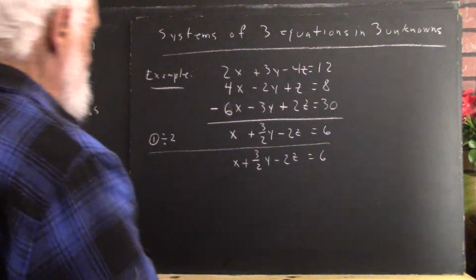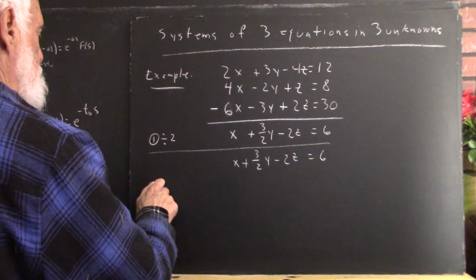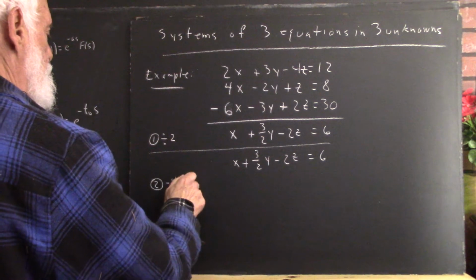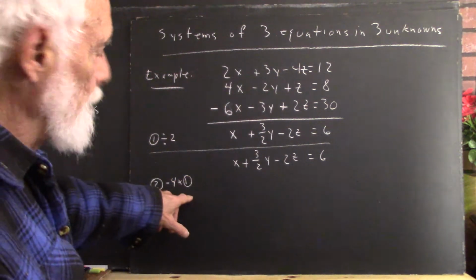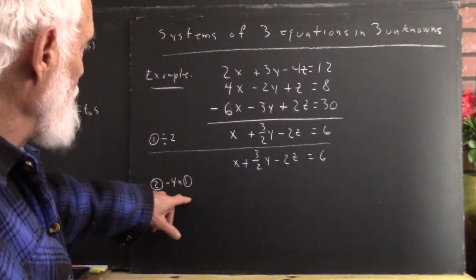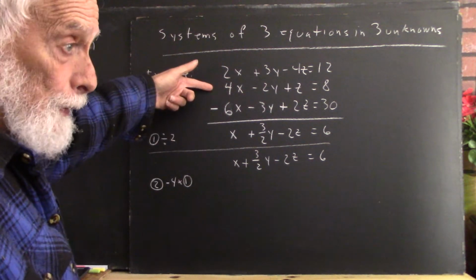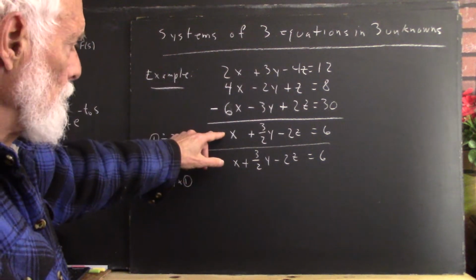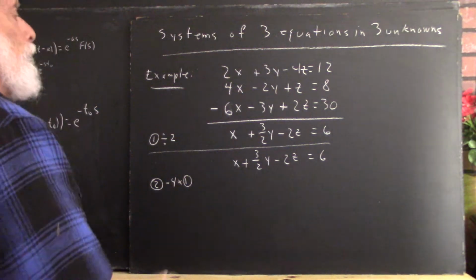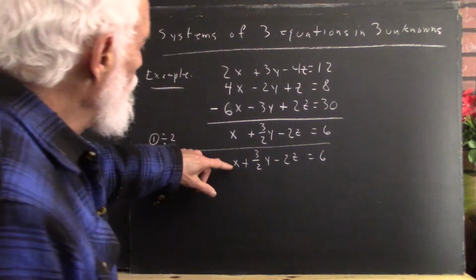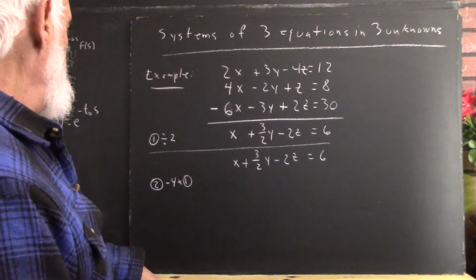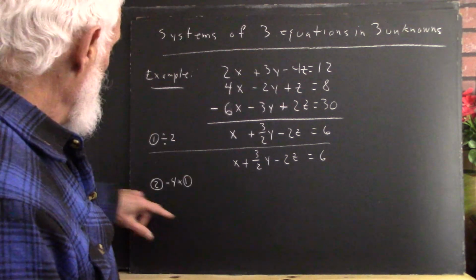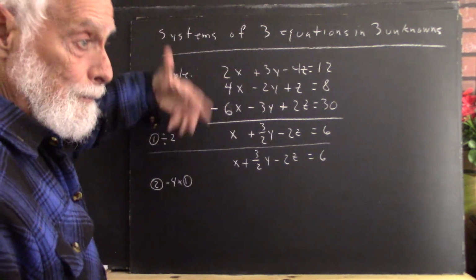So when I do equation 2 minus 4 times equation 1, I mean equation 2 previously, minus 4 times the last version of equation 1, which would be this one. Four times x is 4x, and if I subtract that from the 4x here, I get 0.